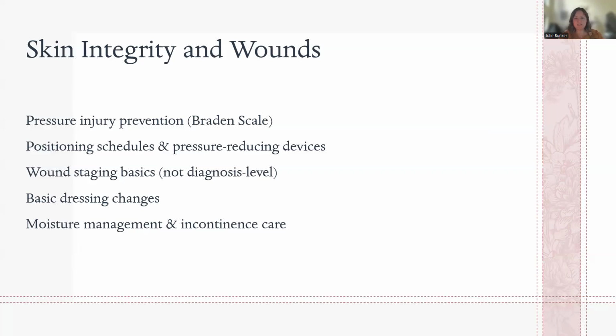Moisture management and continence care, we kind of talked about with elimination, but yes, urine especially, and loose stools, I should say too, highly acidic, very easily can break down the skin. So it's checking them every so often and changing their bedding, wiping them off every time with a wipe or soap and water, some sort.